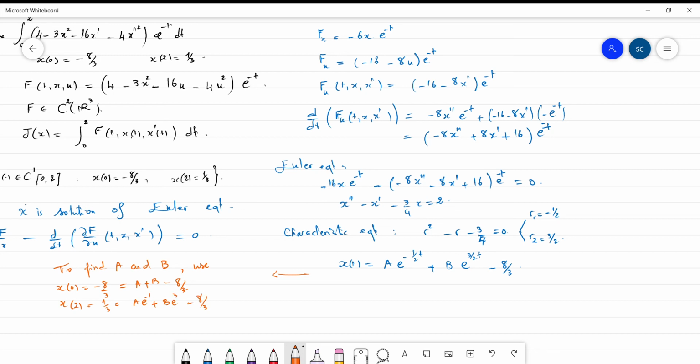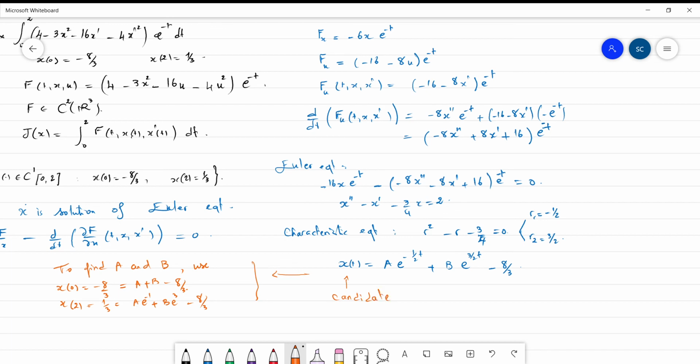So we deduce a and b, and like that we have our solution, the formula for x(t). But this is just a candidate.